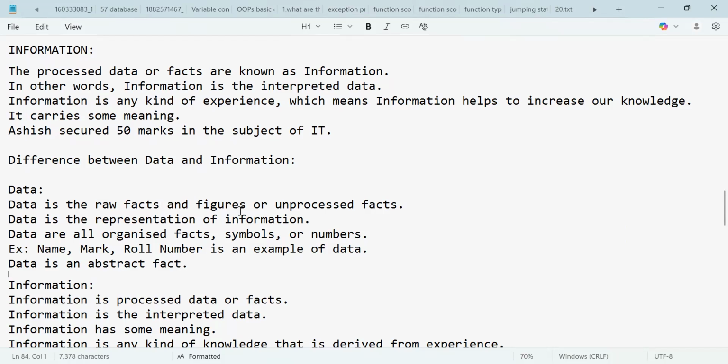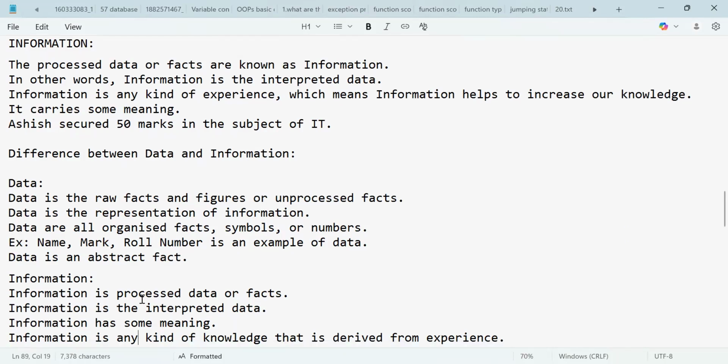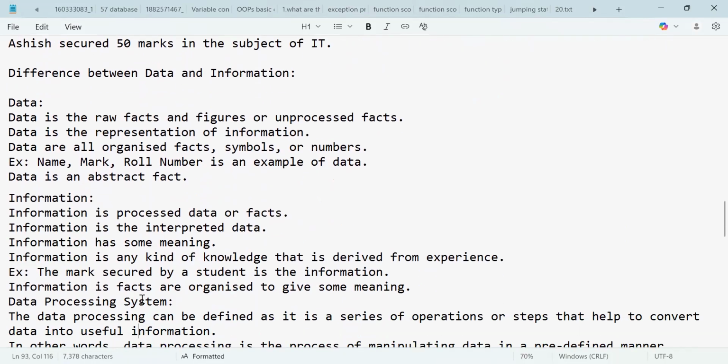Data is raw facts and figures, the unprocessed facts. Data is the representation of information, all organized facts, symbols, or numbers. Data is an abstract fact. Information is processed data or processed facts. Information is interpreted data and has some meaning.